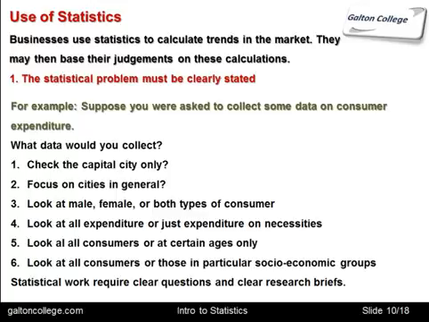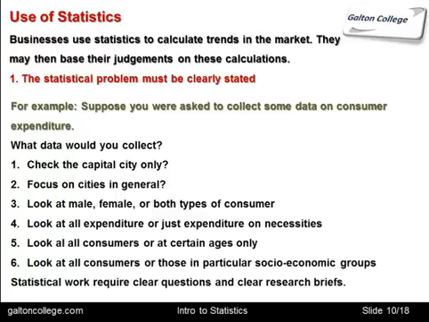Now, if you look down on this slide, the list of items that need to be taken into account, and that's not a comprehensive list. I'm sure if we sat down and thought about it more carefully, we could add to this list. But what data would you collect? We want to collect data on consumer expenditure. Would you check the capital city only?